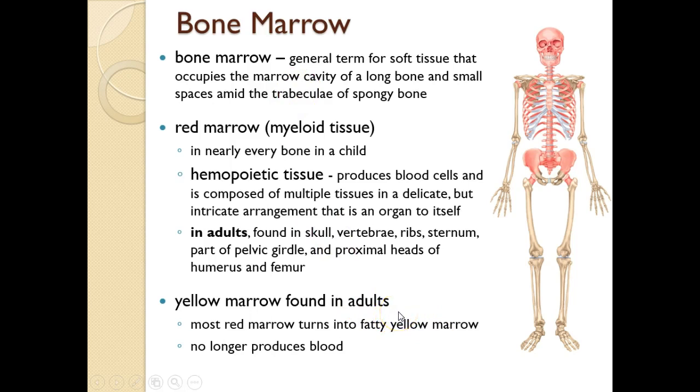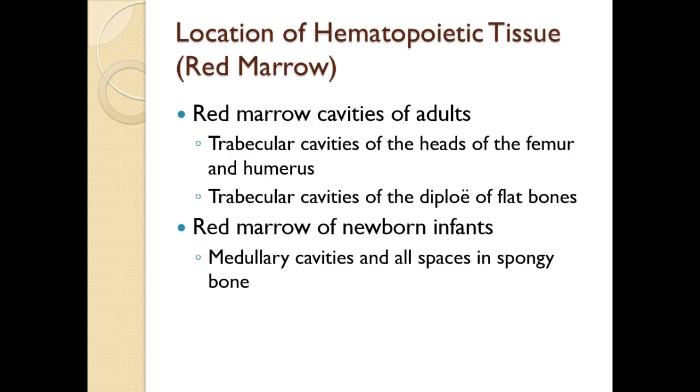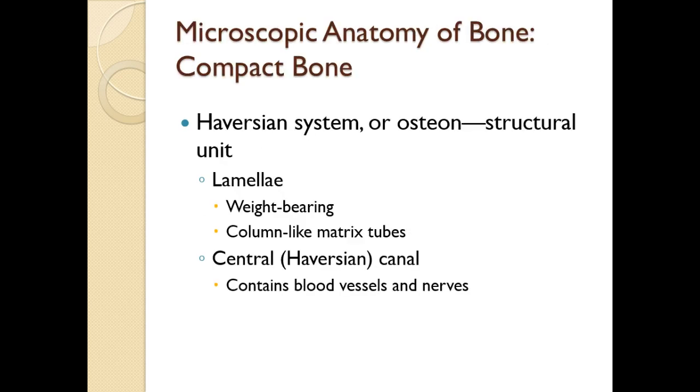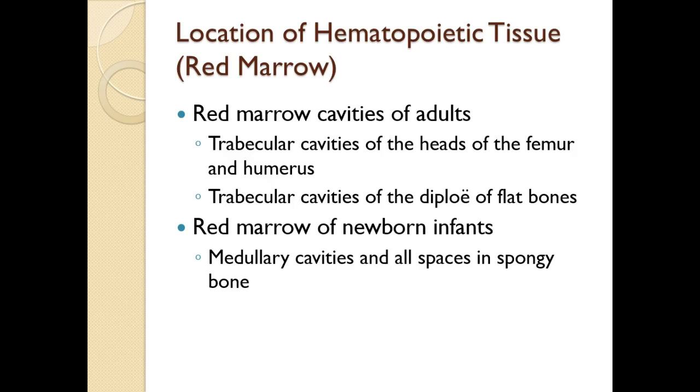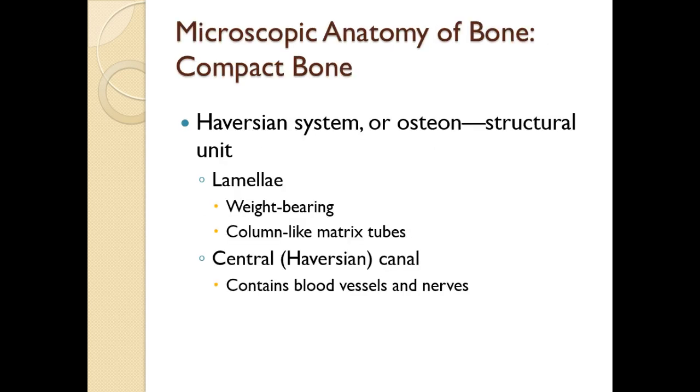All right, yellow marrow is found in adults. So the other areas, as we said before, the medullary cavity or marrow cavity of our long bones, once we're adults, that becomes yellow marrow. And it no longer produces blood cells. All right. So, let's skip along through here. So the microscopic anatomy of bone, specifically compact bone.